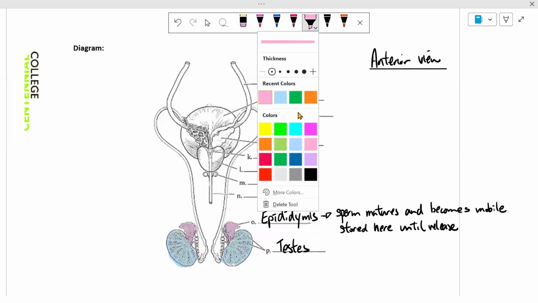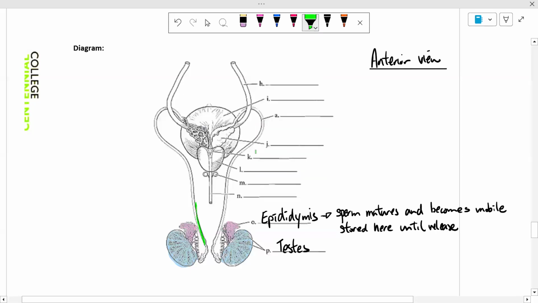All right, over here we have this tube here. Very long tube. Anybody know what those tubes are called? Ureters.